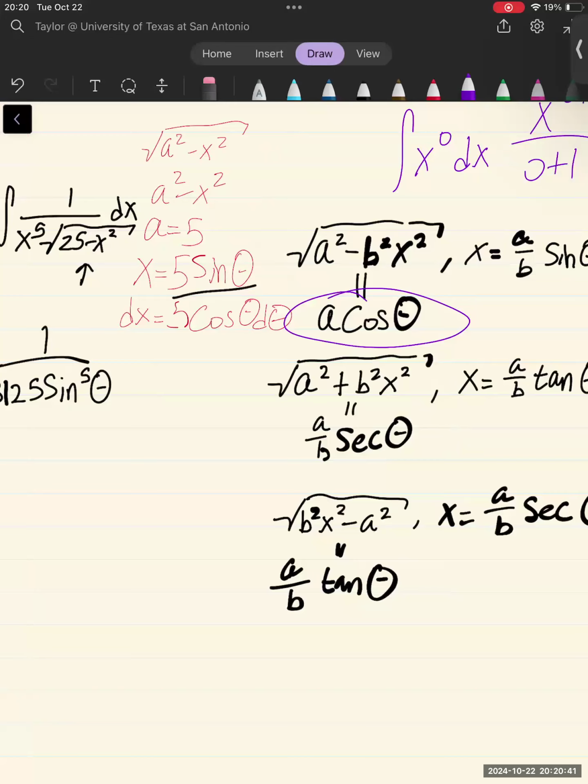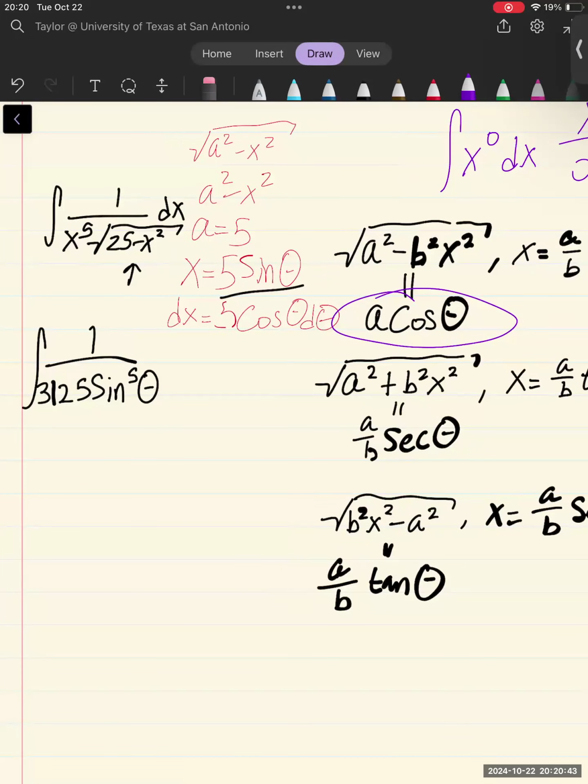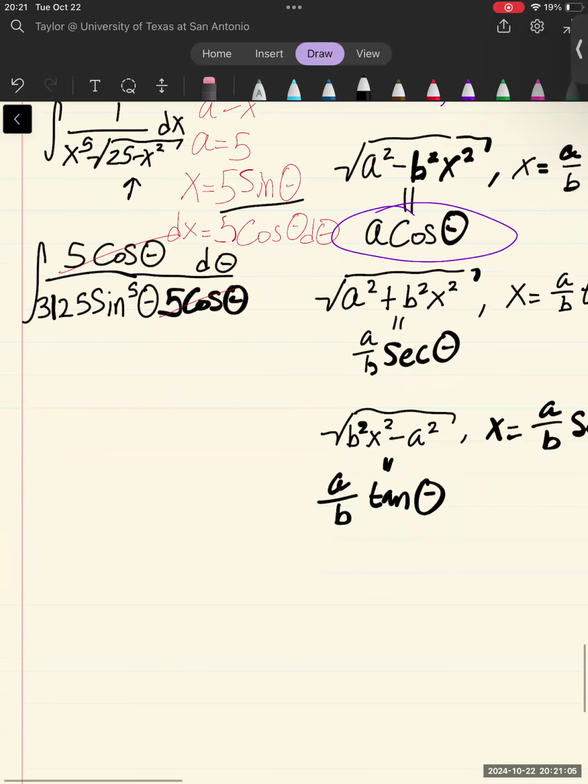So in my denominator, I'm going to have 5 cosine theta, and then my numerator is my dx term, which ends up being 5 cosine theta. We see 5 cosine theta cancels, leaving me with d theta in the numerator.